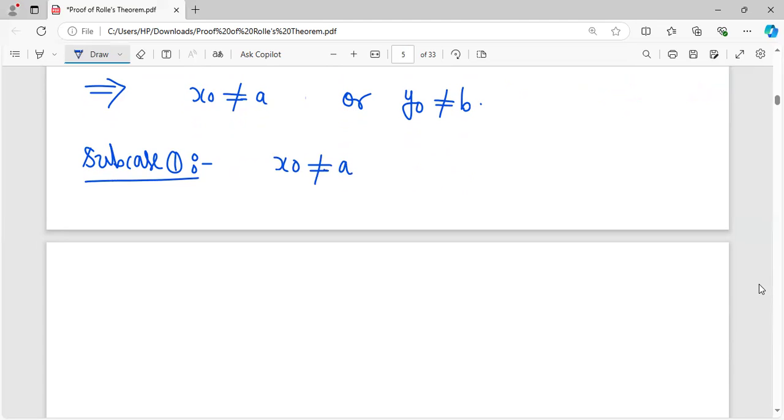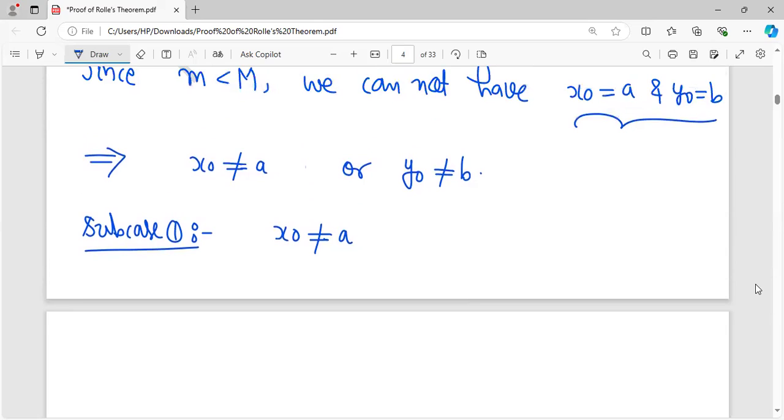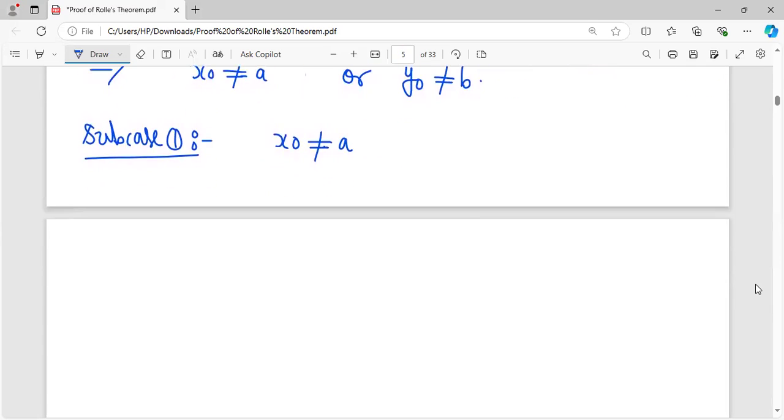So x naught is not equal to a. What is the meaning of this?